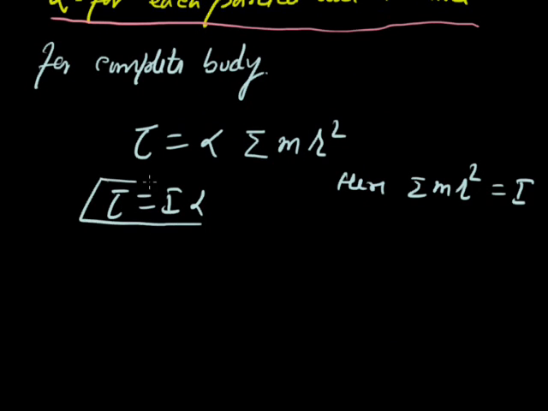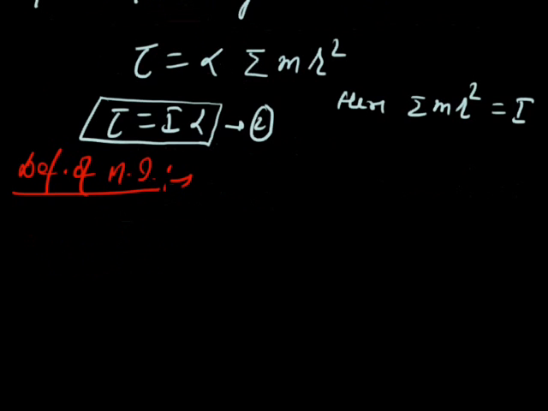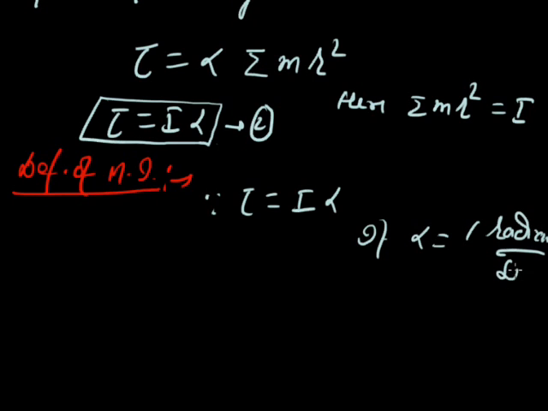Again, we can define from here the definition of moment of inertia. Because tau is I alpha, if alpha is 1 radian per second square, then tau will be I, or I will be tau.